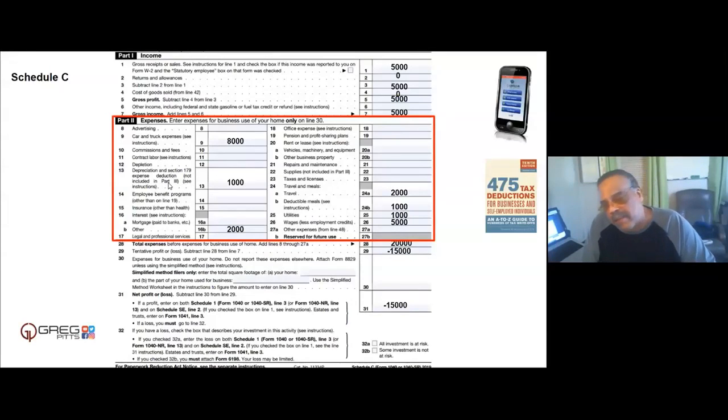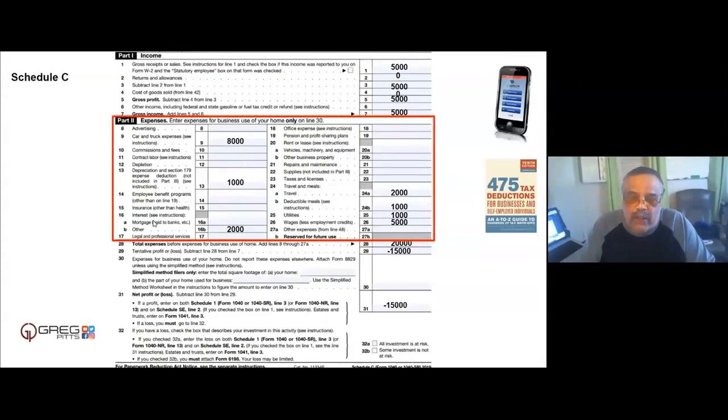Some of the things that you're going to purchase in your business, including your computer or your printers or things like that, have a 7-year life. You can depreciate a portion of whatever you spend every year until you recover the amount of money that you spent for that particular thing.